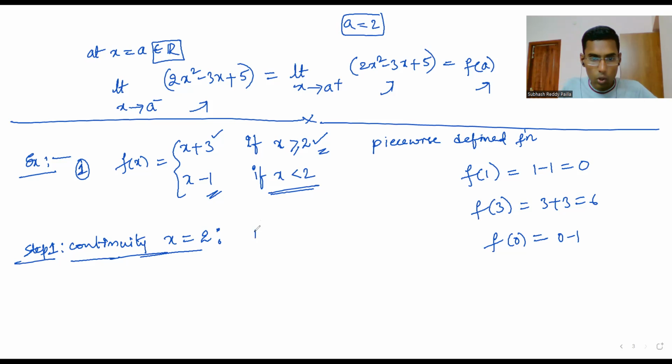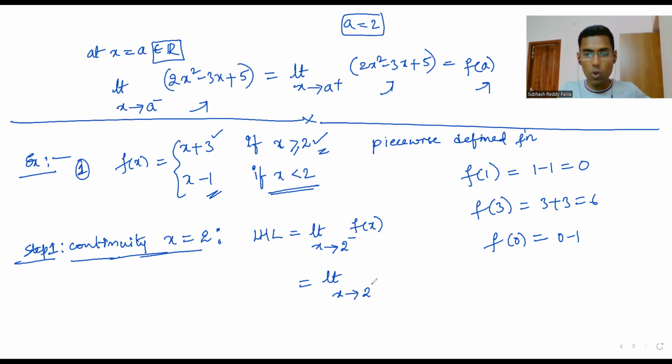At x equal to 2, the left hand limit is limit as x tends to 2 minus of f of x. Now, can you tell me what is f of x? As x tends to 2 minus, what is the value of f of x I should take? Come on, quickly.